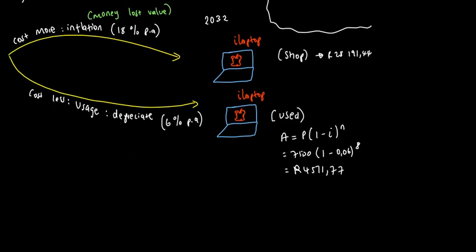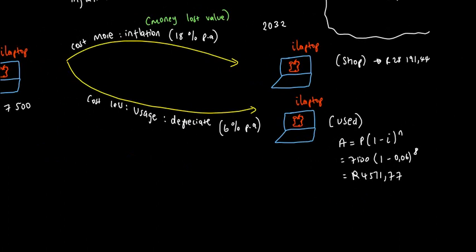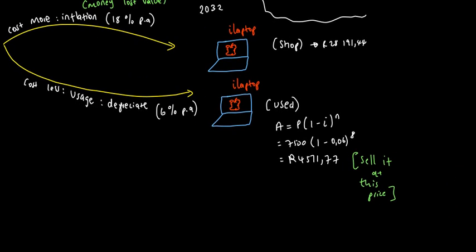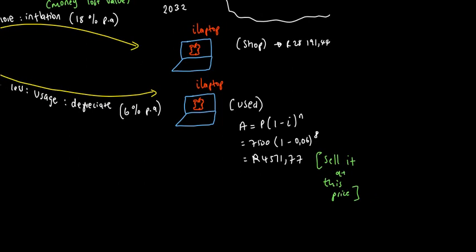So now you are going to say, okay, this is the money that you're going to sell it at. So when you sell it at this price in 2032, 4,571, because you want to buy a new one in the shop, the money that you're going to get after selling it is not going to be enough to buy this one, right?